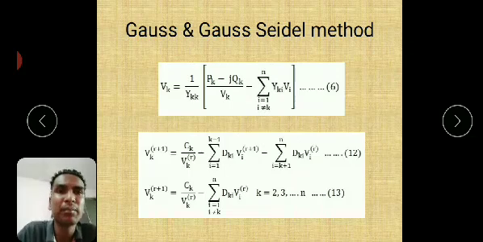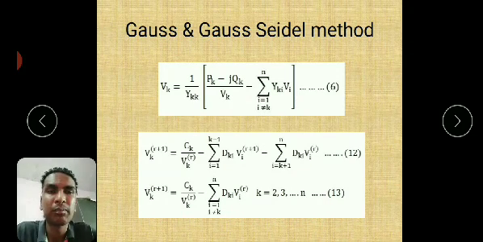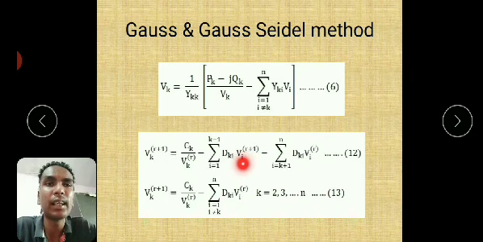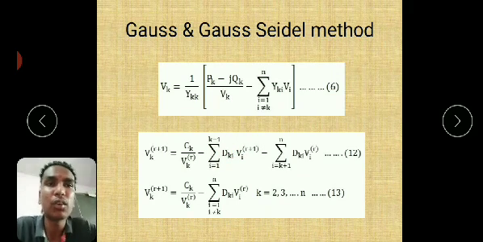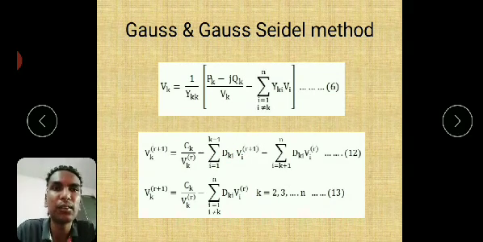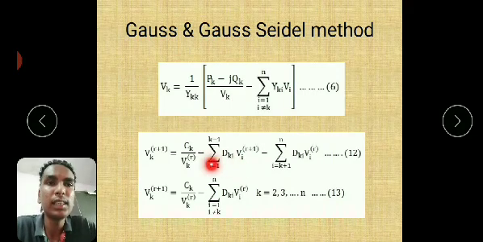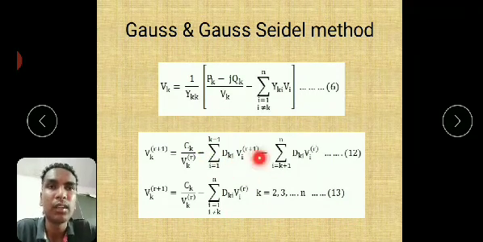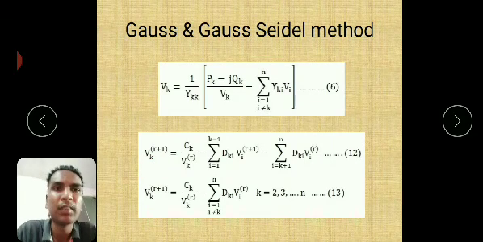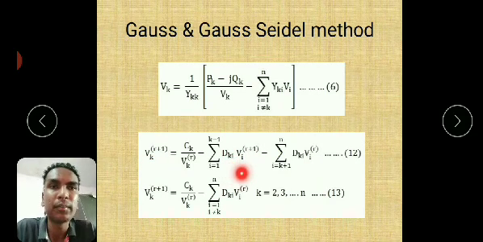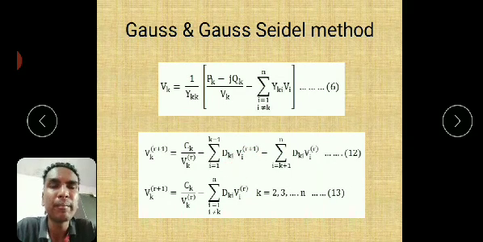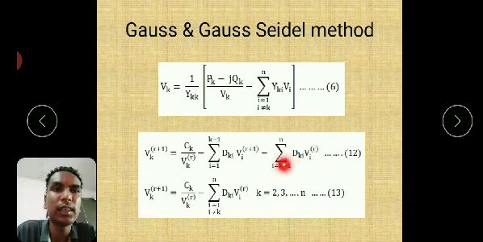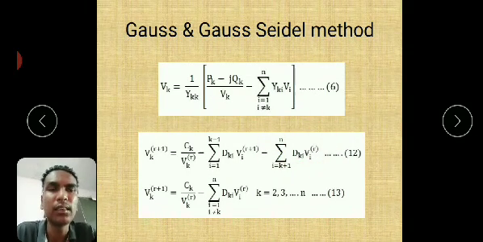But in the Gauss-Seidel method we are taking the modified iterative values of Vi, that is the previously calculated iterative values. So we can put in this part of the equation, where if we calculate V2 here, we have to put the V1 value from the previous iterative value, that is the modified value of V1, and this is nothing but the assumption in the first iteration.